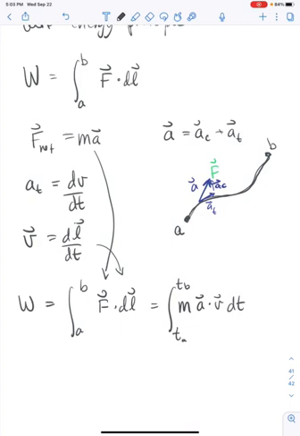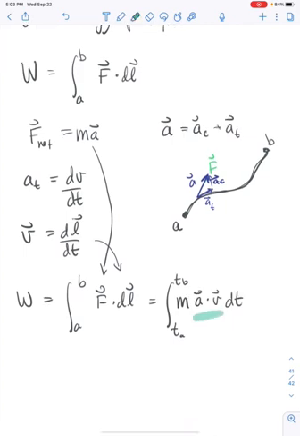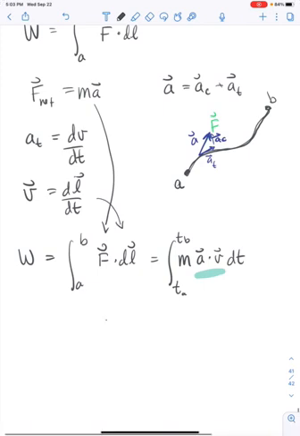All right, and then the component of the acceleration that is parallel to the velocity is the one that will come into play in this dot product, right? And so this is equal to the integral from t_A to t_B of m a_t dot v dt.